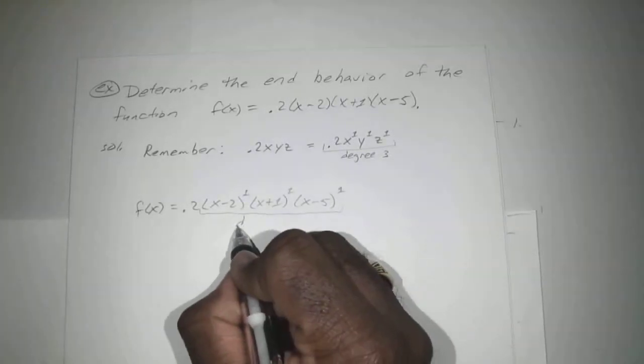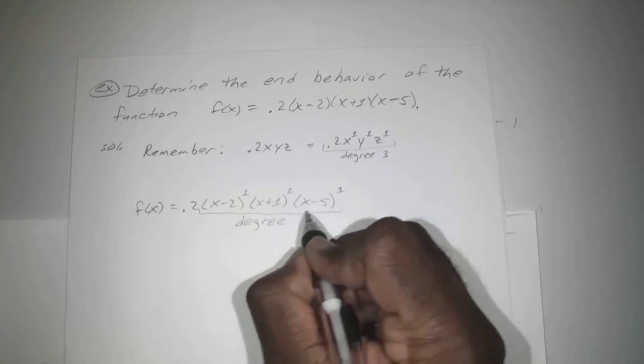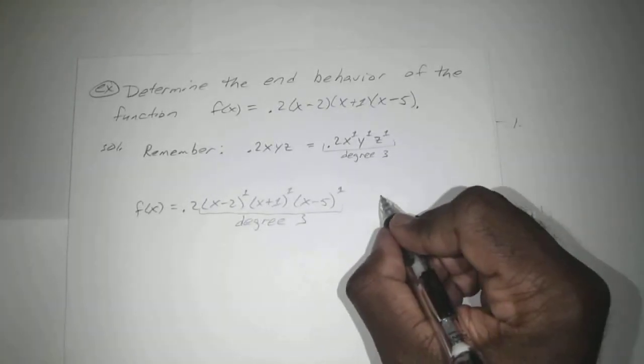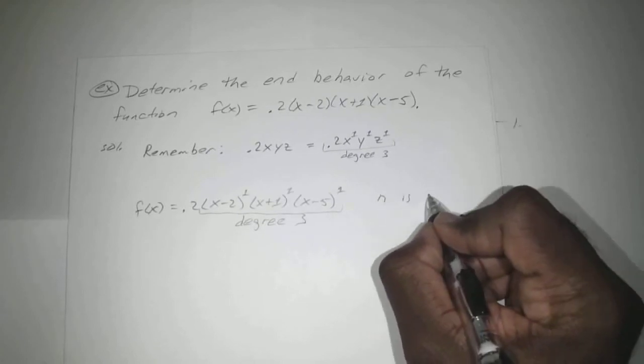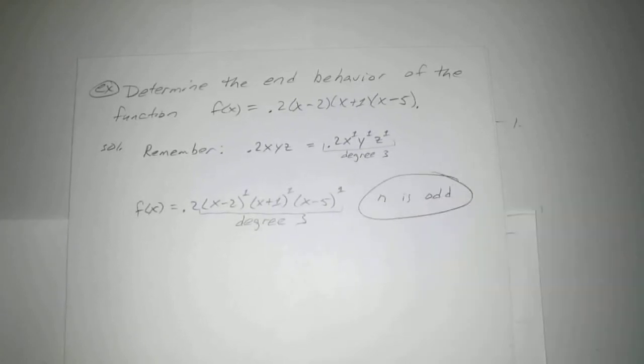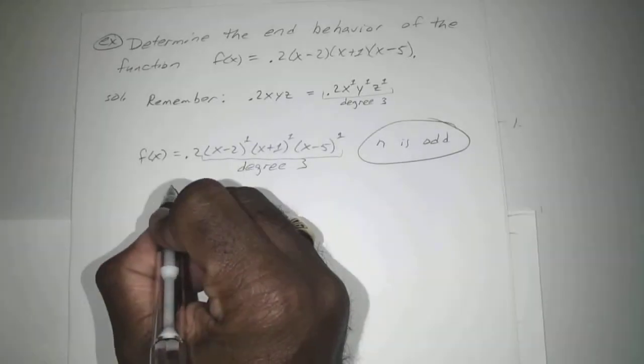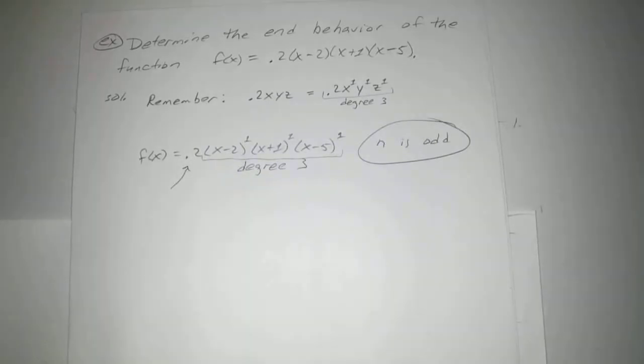Okay. So if it has a degree of 3, one thing we know is that our n is odd. So we have that part figured out. Also, we can look right there.